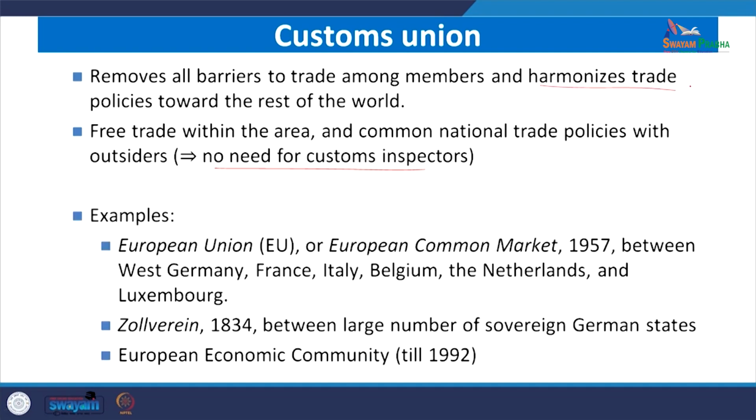And the famous examples till 1992 were the European Economic Community, the European Union also, and the European Common Market till 1997, especially formed by these specific countries, but later on they are not defined as a customs union, they are actually joined as a different group, maybe called a common market.